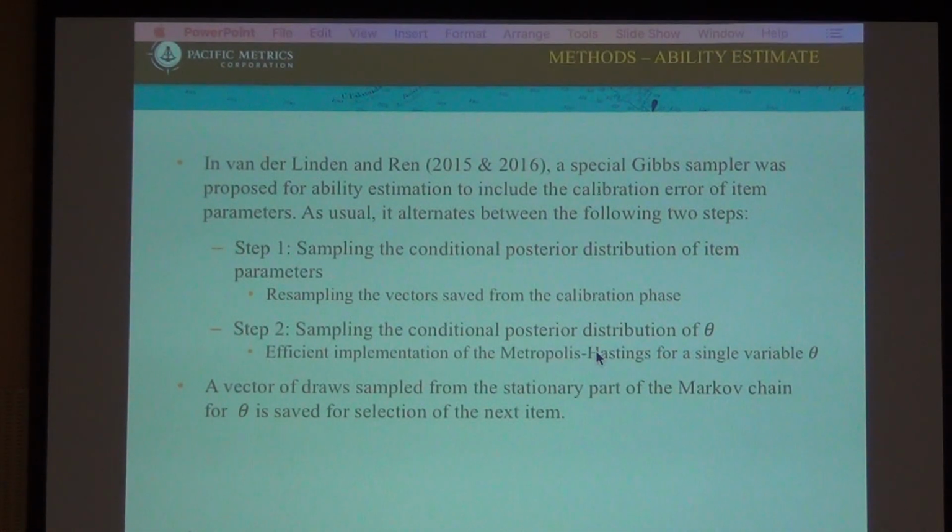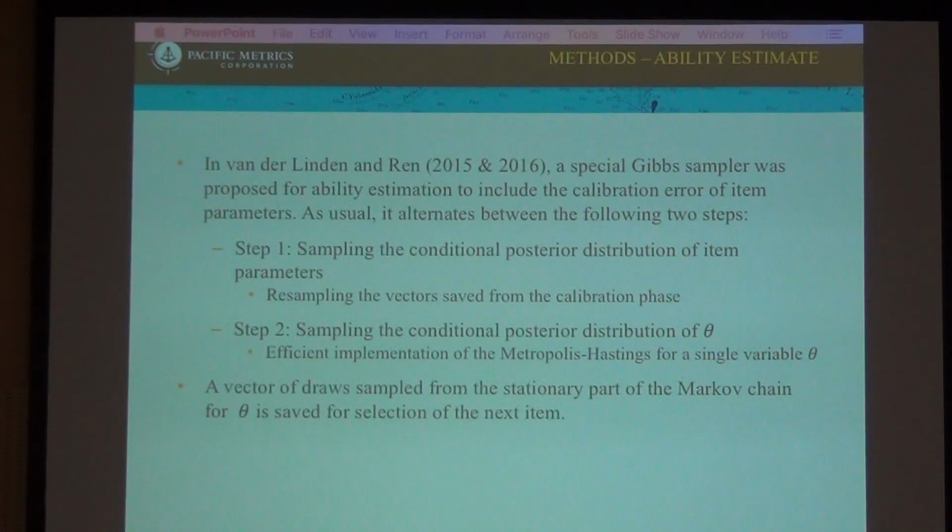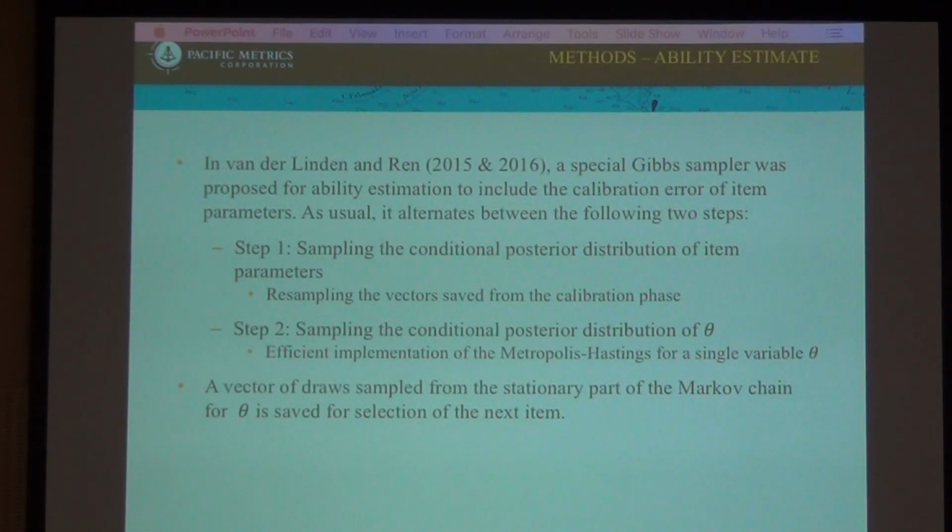Now, this is the methodology we used for the ability estimate. In van der Linden and Ren, 2015 and 2016, a special Gibbs sampler was used. The regular Gibbs sampler will iterate among all the parameters.